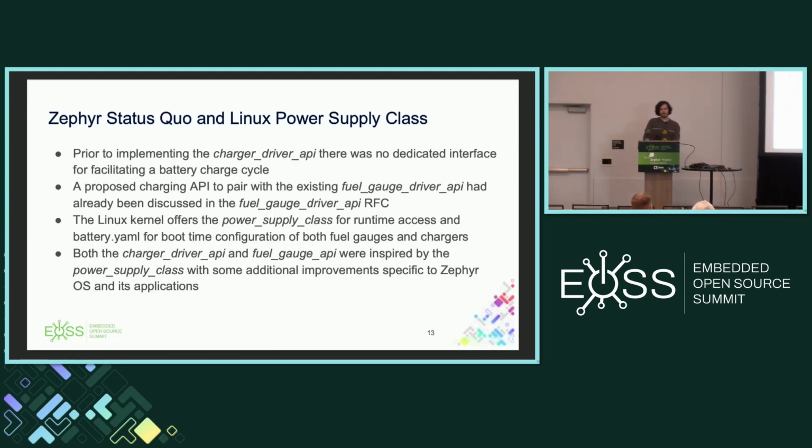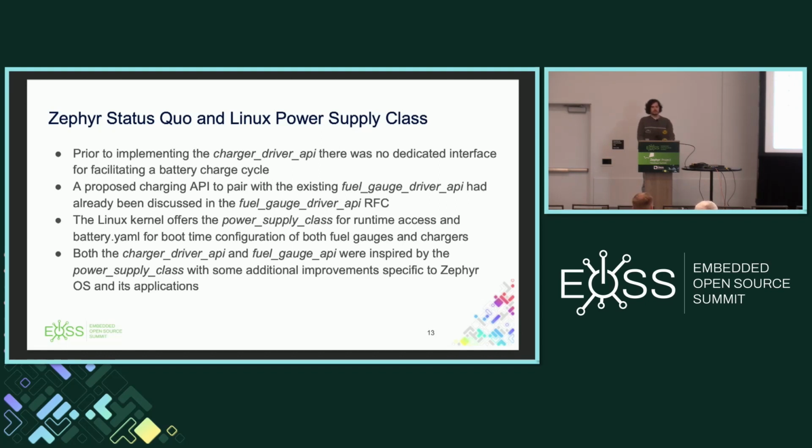So prior to the mainlining of the charger driver API, there was no dedicated interface for facilitating a battery charging cycle. I believe there are some attempts at that in sensors, but nothing very specific to the application.